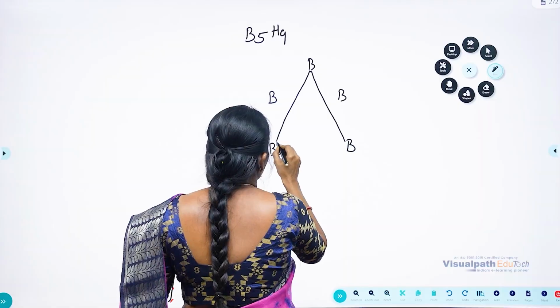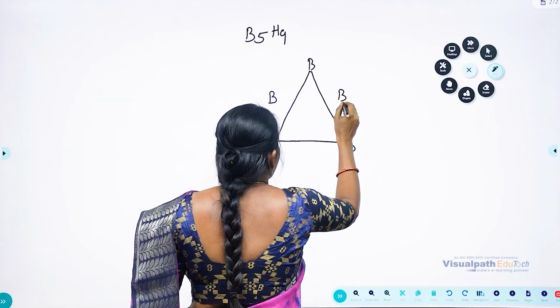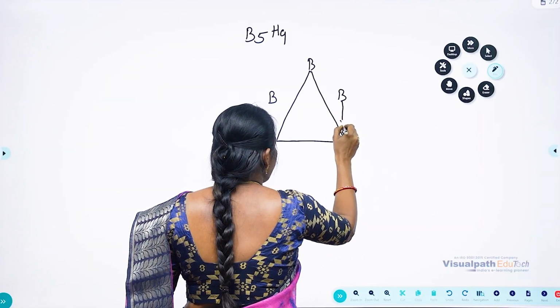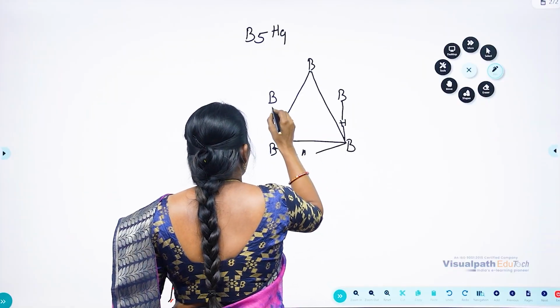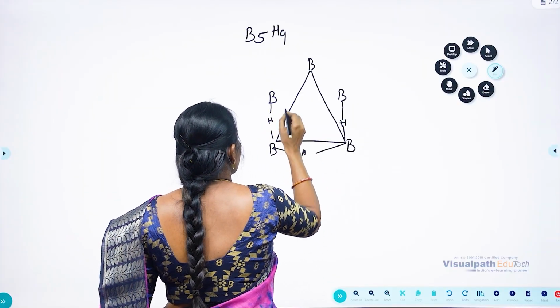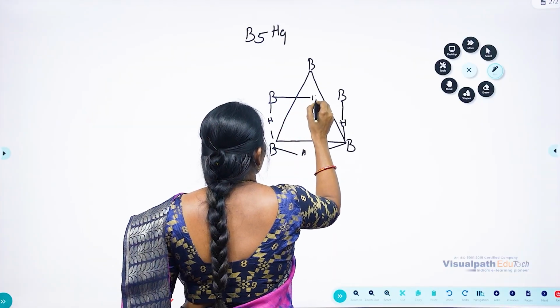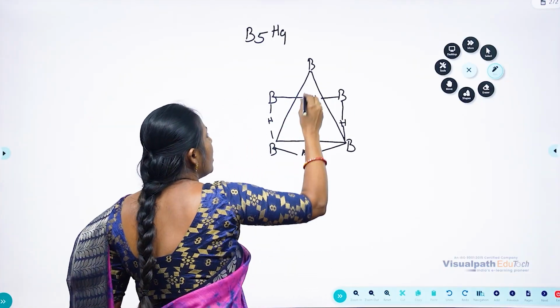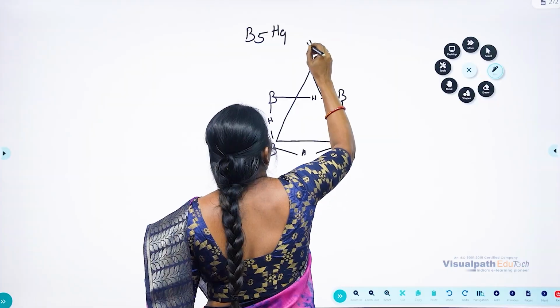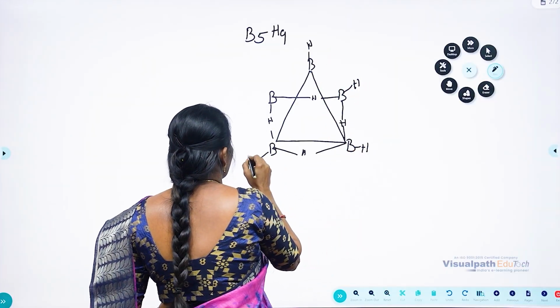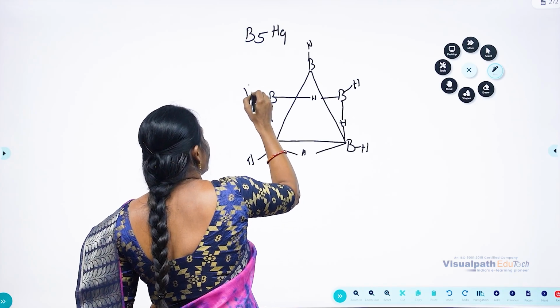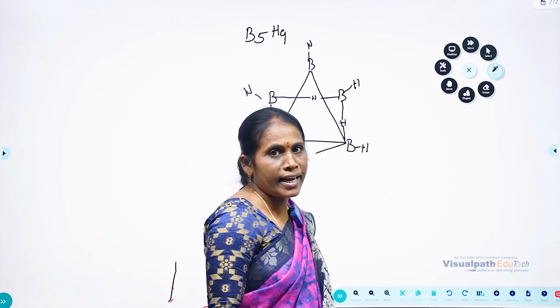And in between these, here it is with 1 hydrogen, and here also 1 hydrogen, and here also 1 hydrogen, and here also 1 hydrogen. And each boron is with 1 terminal hydrogen. This is the structure of the B5H9 molecule.